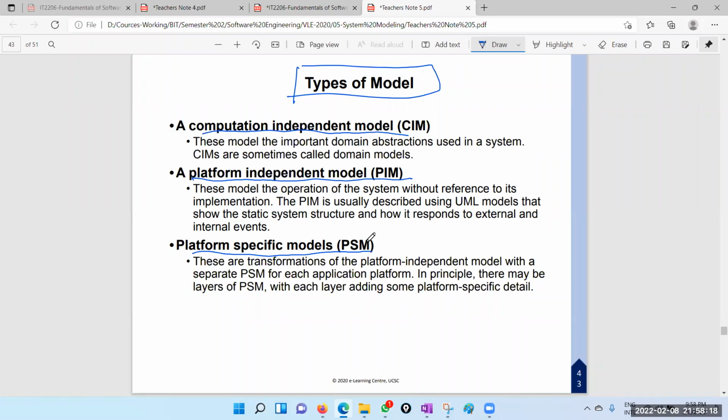Okay, so the computation independent model means that the model is sort of an abstract model. You don't have any computational things in that model. It's more of a domain related model or business level model. Okay.